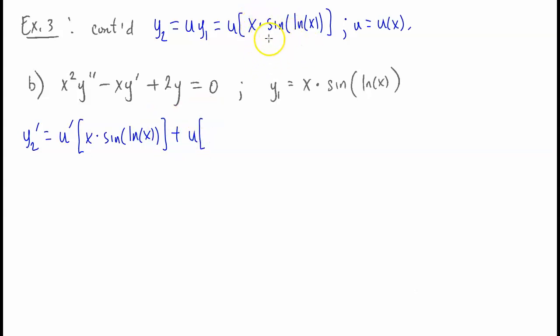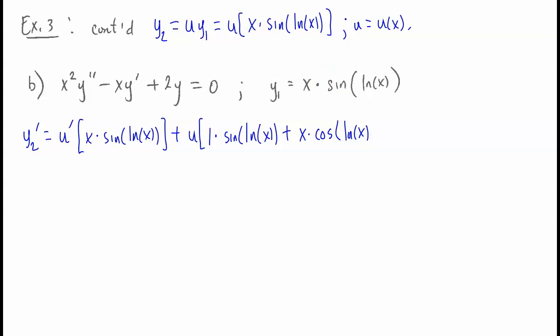And since I'm doing the product rule here, I'll take the derivative of the first here, so the derivative of x with respect to x is just 1. Plus x times, now we take the derivative of sine of natural log of x. And since that is a composition function, we'll use the chain rule. So this will be cosine of natural log of x.